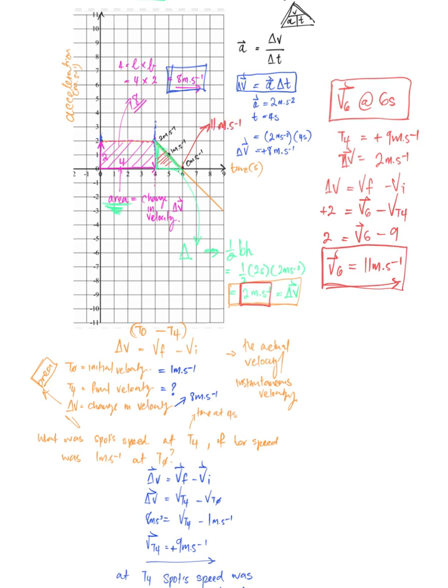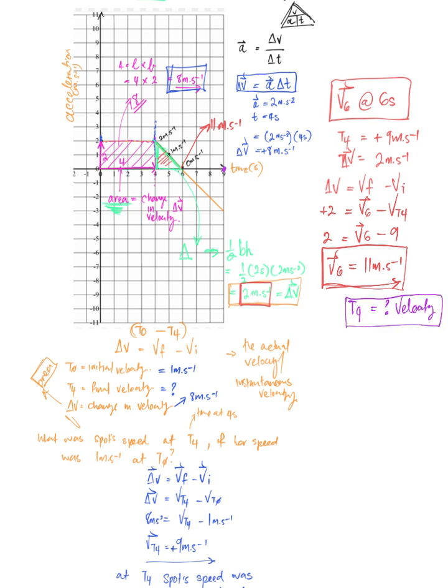Now, let's say I wanted to know what's the velocity of this whole situation at T9. So I'm now looking at T9 and I want to know what is the velocity.